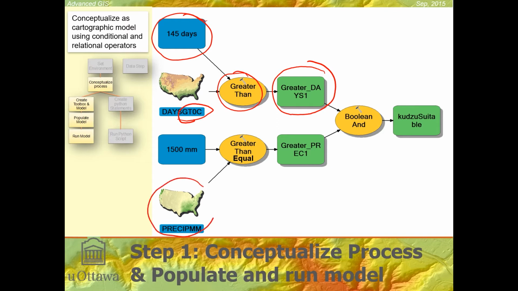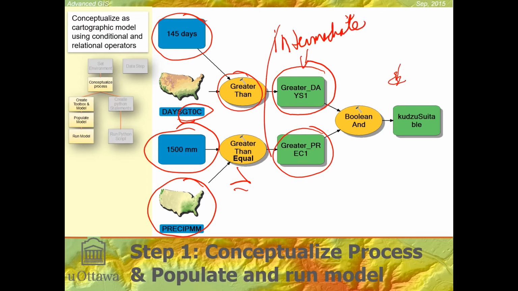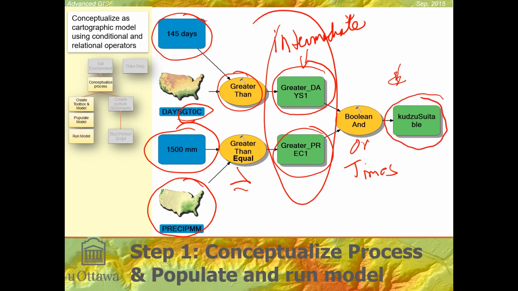Then precipitation in millimeters greater than or equal to 1,500 produces greater precip 1, another intermediate layer. So these are the intermediate layers that we don't see. Then we combine them either with multiply, or more strictly, we want to use Boolean AND in this case. And that produces then the decision set, Kudzu suitable. Everywhere with a 1 is suitable. Everywhere with a 0 is not suitable.